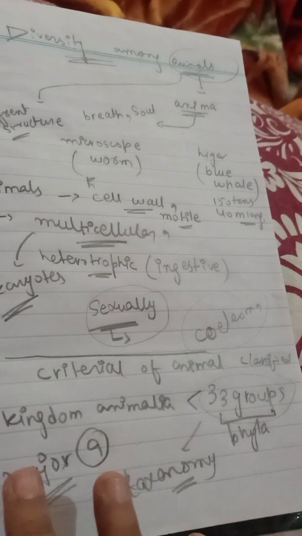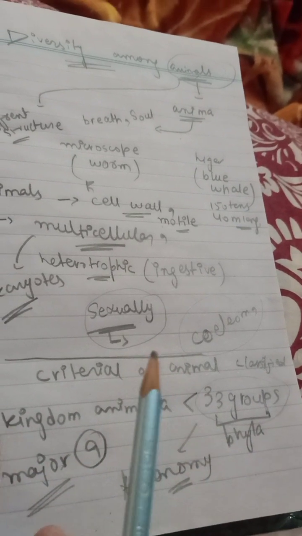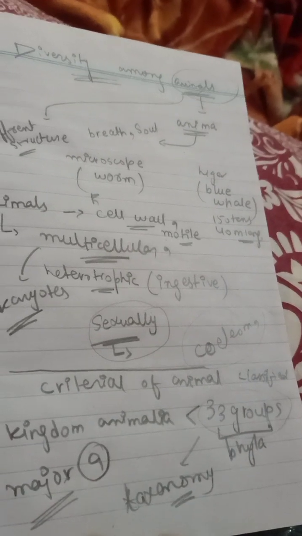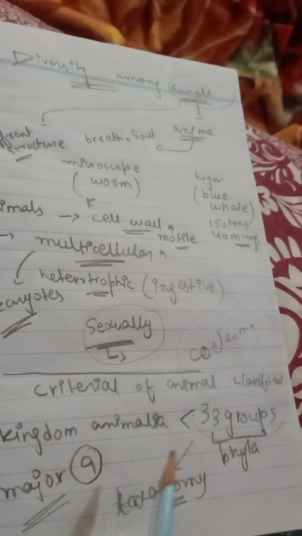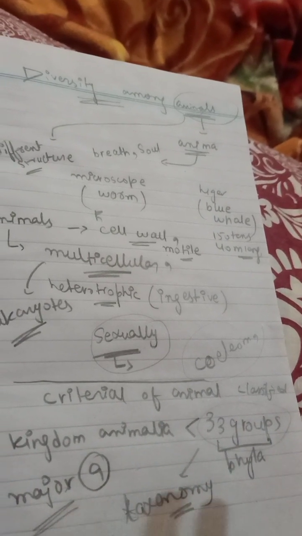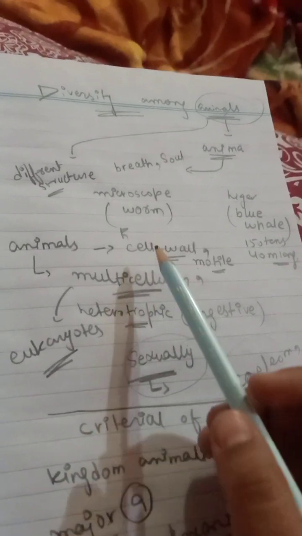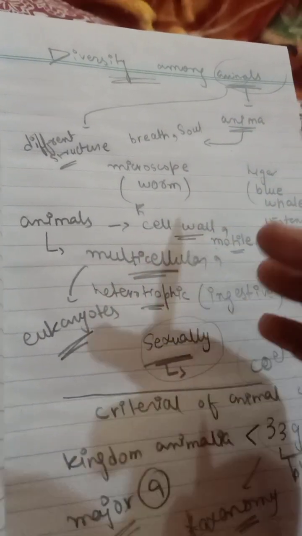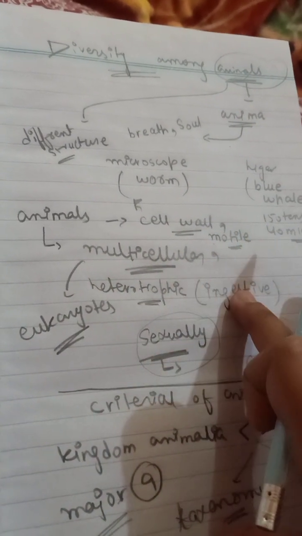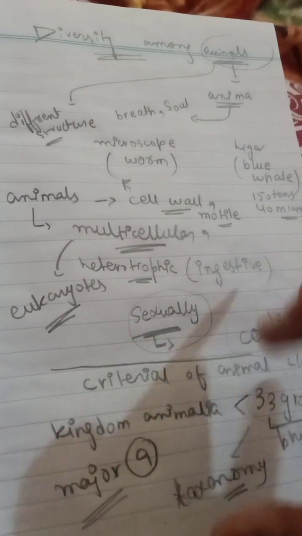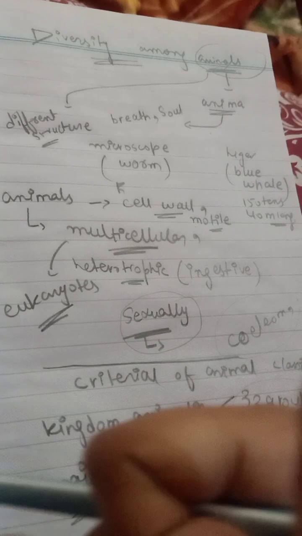We have many animals, and the evolution is very big, so we classify just because of a few things, the presence and absence and these all. So this was the introduction of the diversity among animals. We have started a new chapter, and this was the classification of the animal and the criteria of animal classification. In the next video we will move further.